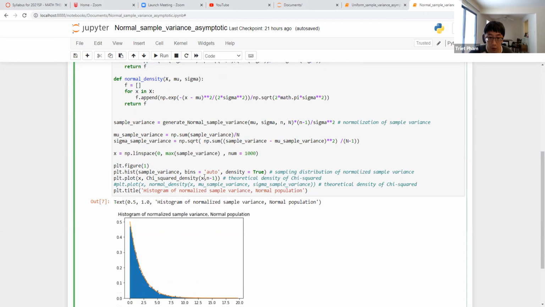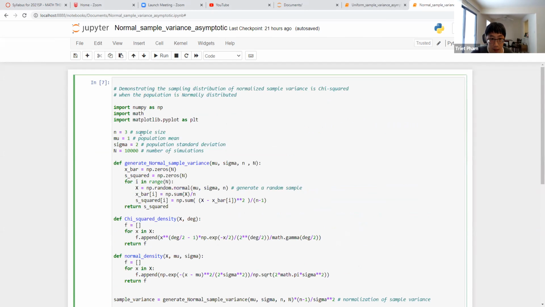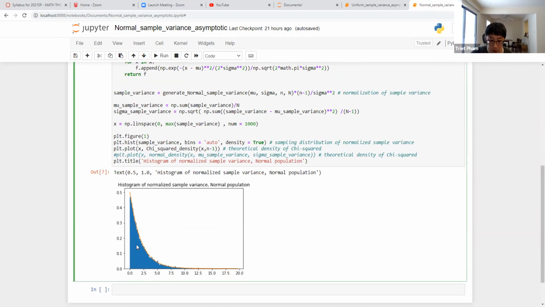Here, what I want to show you is the chi-square approximation that is true for any sample size. So what I do is, again, I fix the sample size. Here, sample size is 3. And I keep resampling with sample size 3 to get my sample variance. When I plot the histogram of this, which is blue or something, pardon me if I use the wrong word, I'm a little bit colorblind, the blue thing is a histogram.